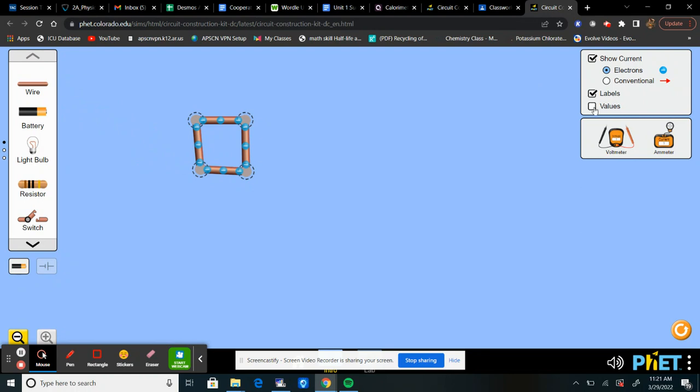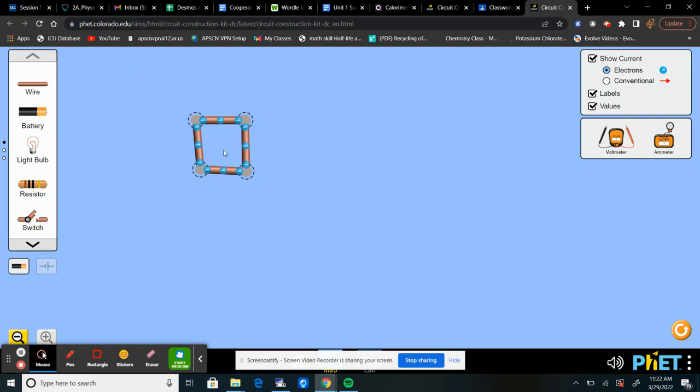And let's make sure everything is check marked here in the upper right corner. And you can choose between electrons or the arrows. I do encourage the electrons simply because even if something is not moving, you can still see that they are present.